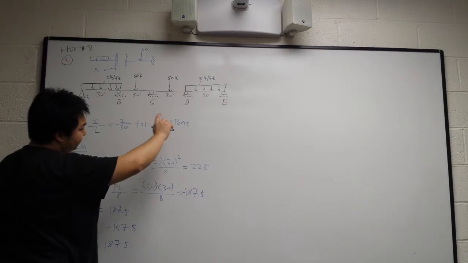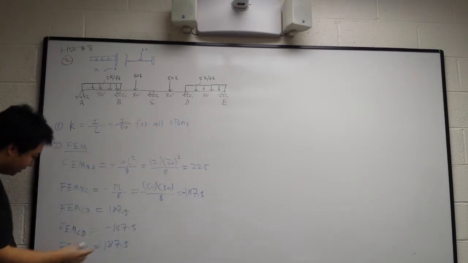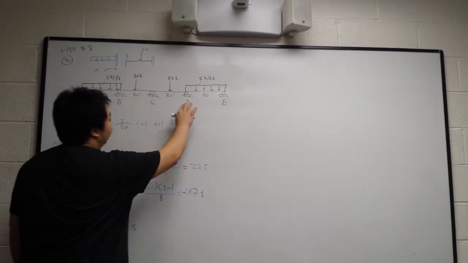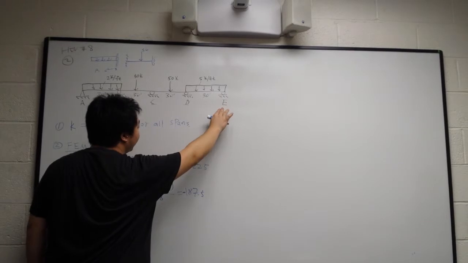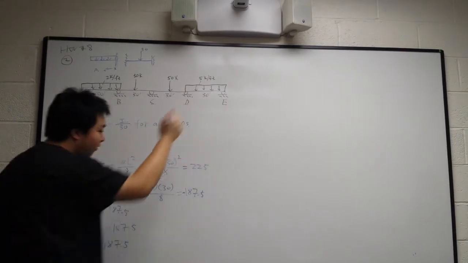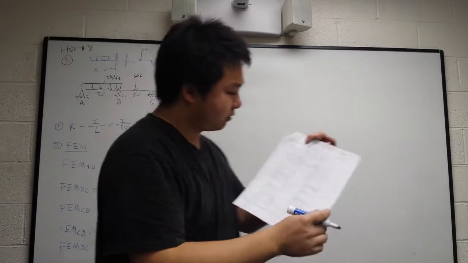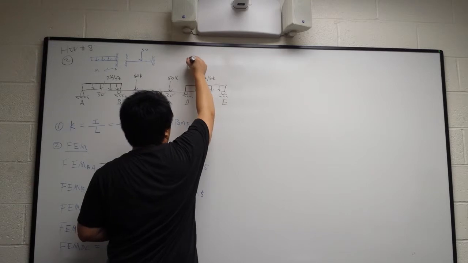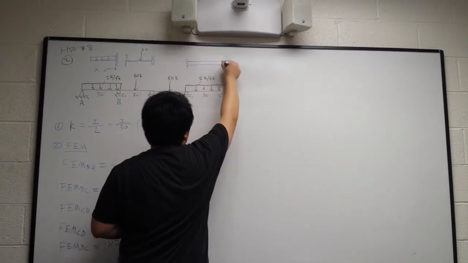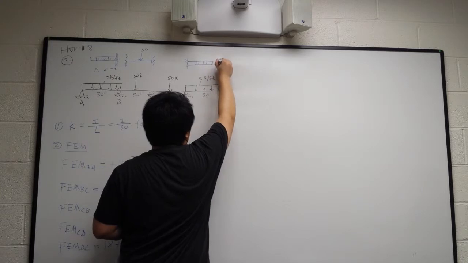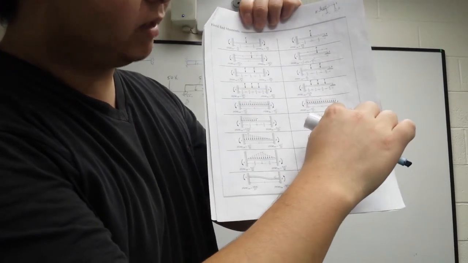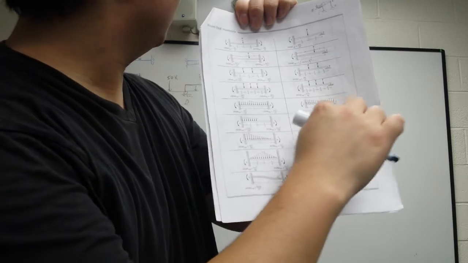And for D to E, do I have DC? Yeah, D to C. So D to E, you have a fixed end and a far end pin or roller. Let me just draw this. Fixed, and you have this. In that case, we're going to use this one: fixed, a roller, and a distributed load.